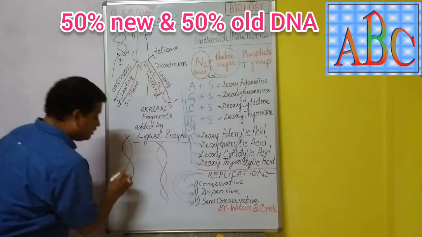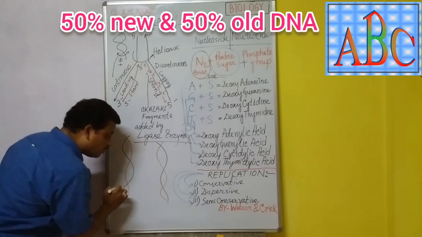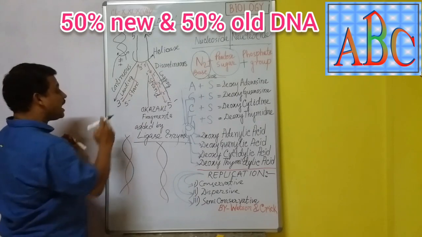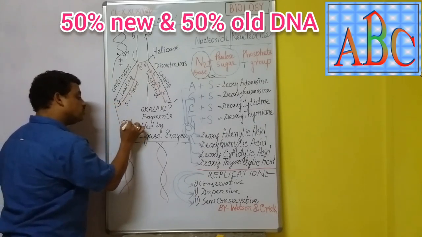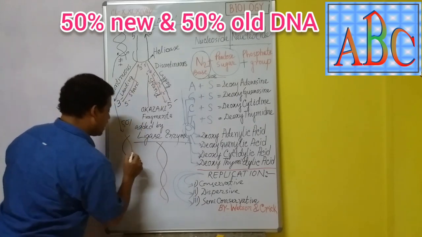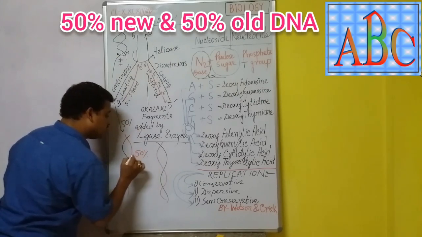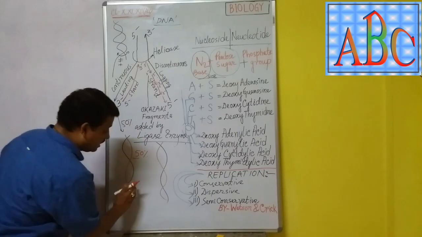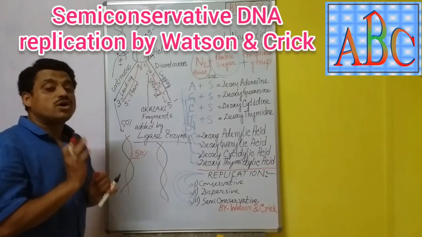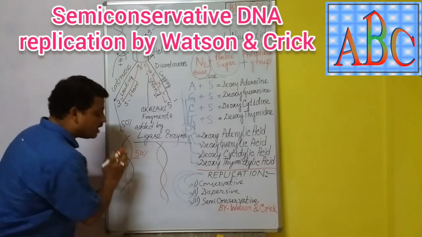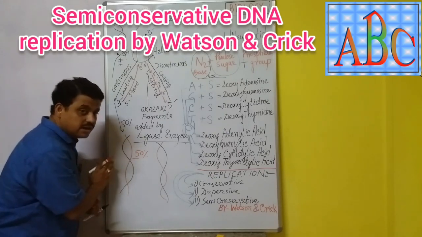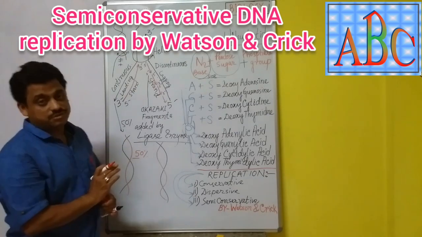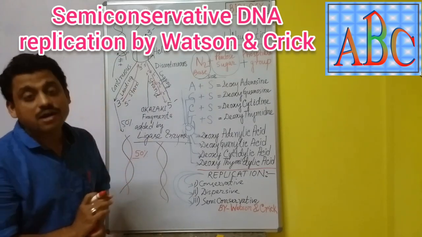Each new DNA is 50% old and 50% newly synthesized. So that new DNA is produced by the semi-conservative theory, which proves that 50% is new DNA and 50% is old DNA. It is called the semi-conservative theory by Watson and Crick.